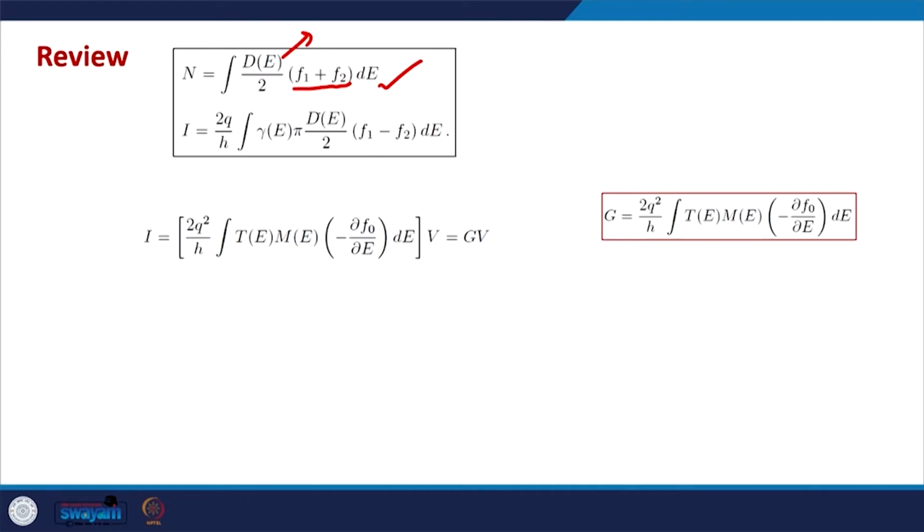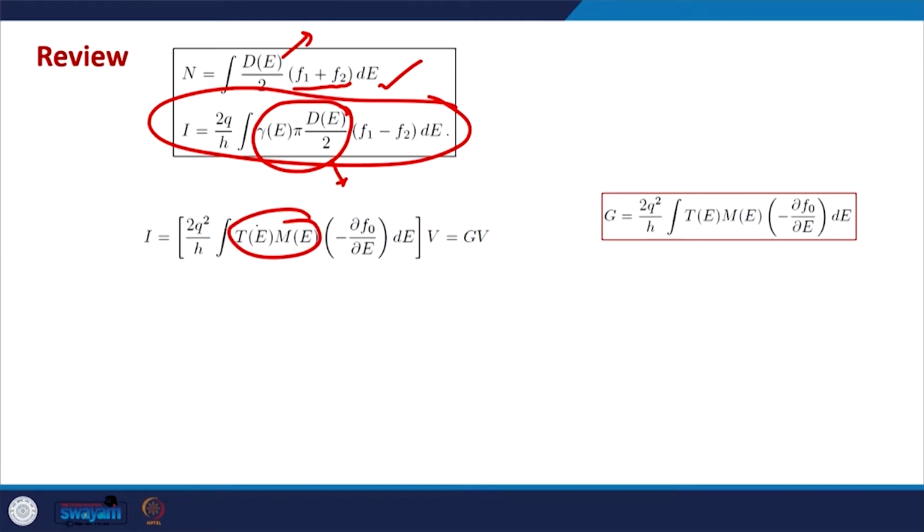The current is given by this general equation, and this equation has different interpretations in ballistic and in diffusive case, because in ballistic case this term is the number of modes, and in diffusive case this is number of modes times the transmission coefficient.